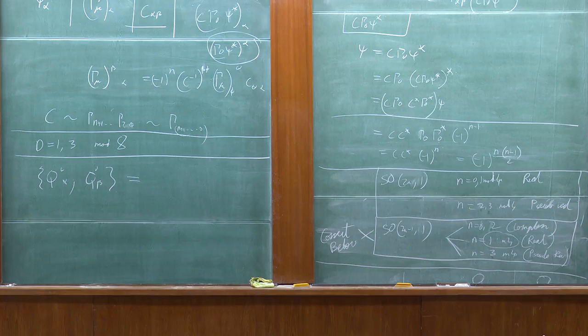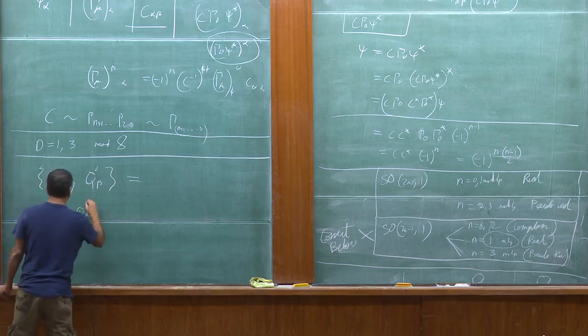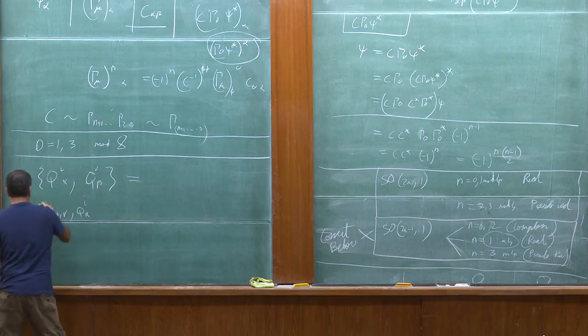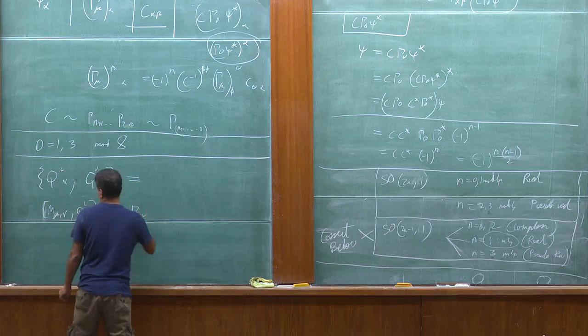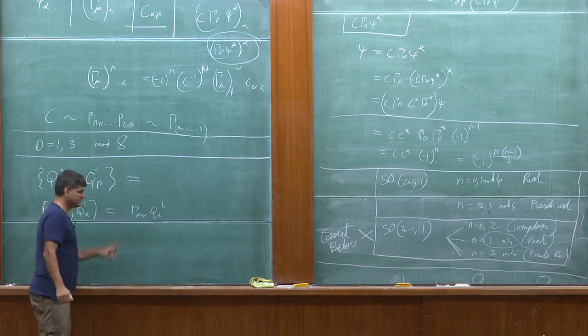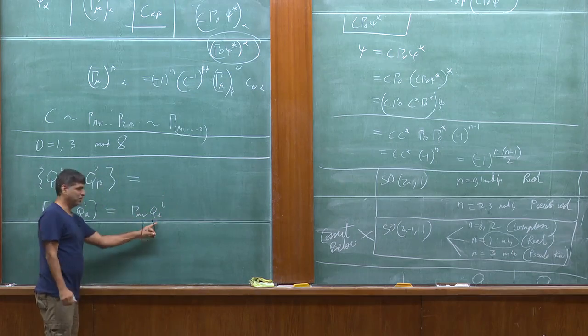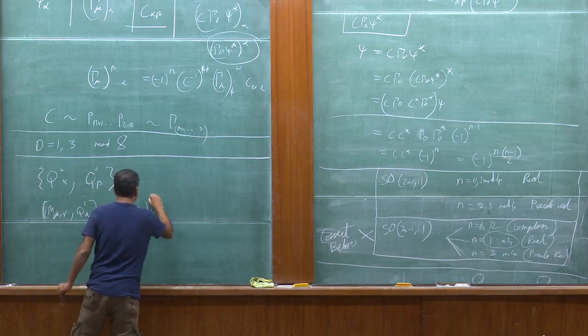So with M_mu nu, with some choice of reality, we know already that the commutator of M_mu nu with Q_alpha^i is equal to gamma_mu nu Q_alpha^i, with gamma_mu nu acting on the spinor indices.